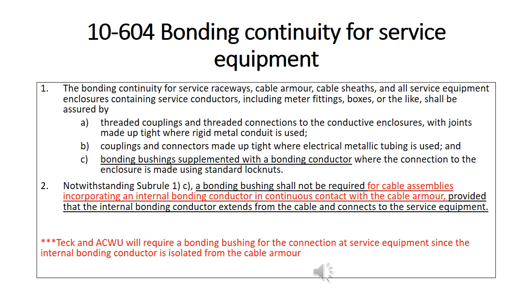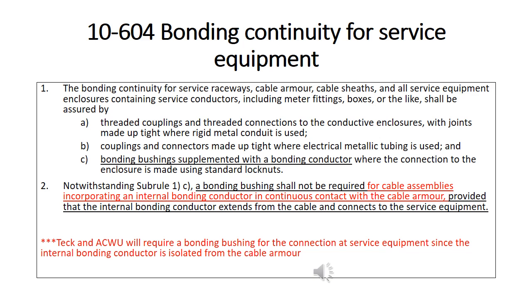So a little hint here, TEC and ACWU will require a bonding bushing for the connection at service equipment, since the internal bonding conductor is actually isolated and does not make contact with the armor.